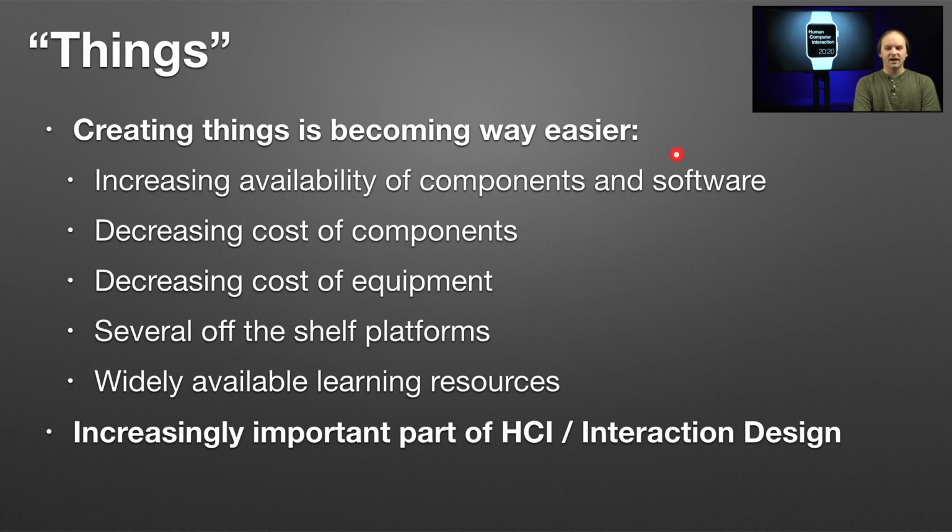There's a big shift between now and I would say 10 years ago in terms of how easy it is to create a thing, an electronic physical thing that's connected typically to a network that serves some purpose, whether it's an input or an output, that makes life more interesting or easier for people.